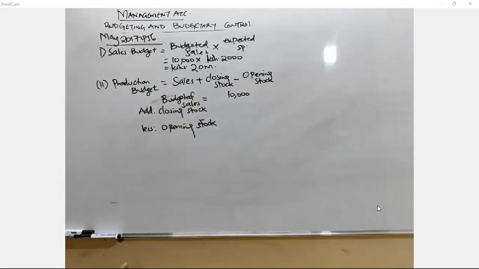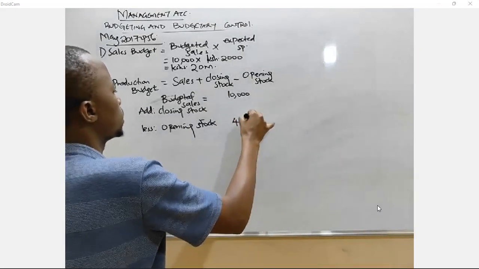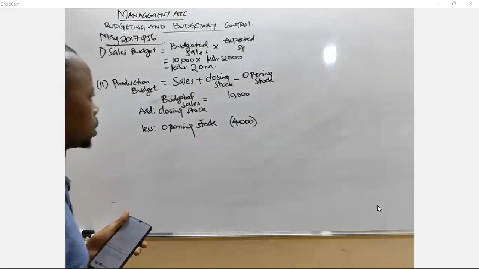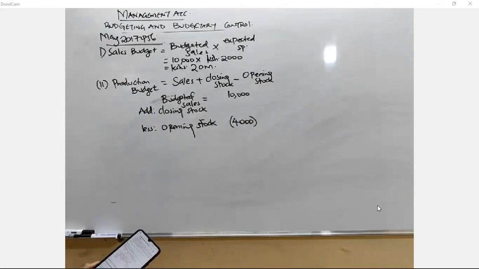So what is our opening stock in this case? When you look at this question, in note number 2, we are being told that the stock at the beginning of the month is as follows: 4,000 units of the finished goods at a unit cost of 1050. So in this case, we are going to take our 4,000 here, because when you are dealing with the production budget, we normally deal with the finished goods. But what about the closing stock? We are being told very well here.